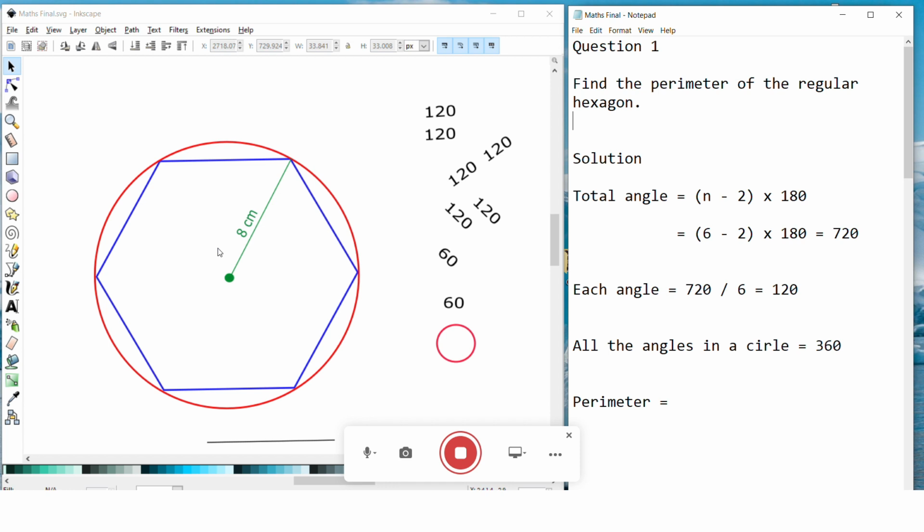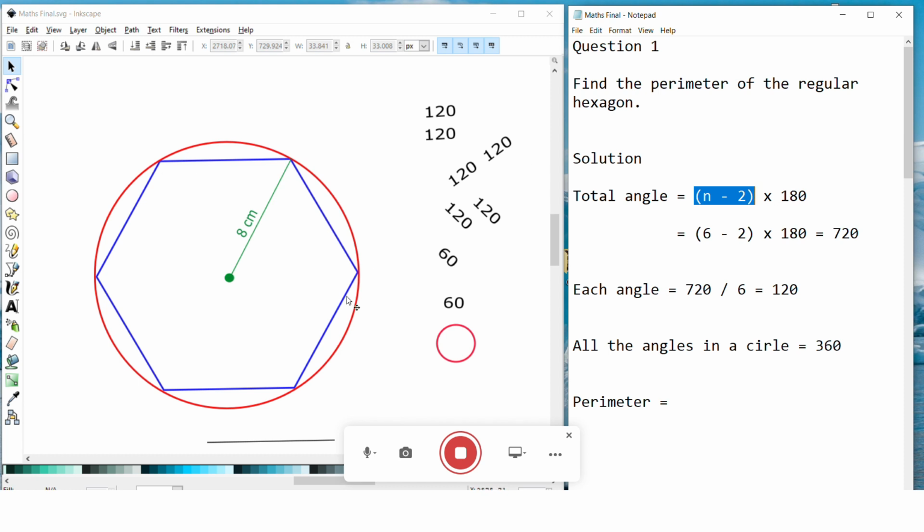If you have a five-sided shape and a six-sided shape, the total interior angles will add up to more. So there's actually a formula. If you have a shape and you want to know how much all the interior angles add up to, we just use this formula: (N minus 2) multiplied by 180.